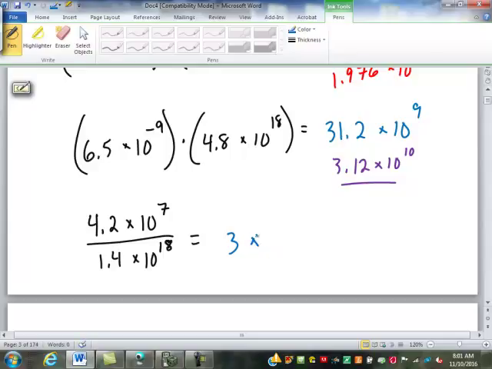Then we combine the names. Now remember, when we divide exponents with the same base, what do we do to the powers? When we're dividing, we're going to subtract the powers. So 10 to the 7th divided by 10 to the 18th is going to be 10 to the, 7 minus 18 is a negative 11. So it's 3 times 10 to the negative 11th.